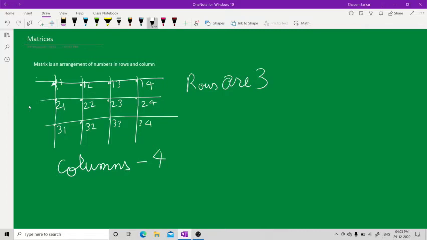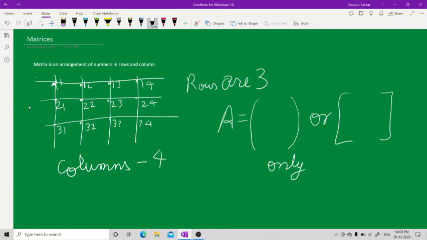So, how do you write a matrix? Like you write your name in capital letters, the matrix name has to start with a capital letter. You may use a round bracket or a square bracket only. No other form of brackets is permissible. Now, let us see how to write these elements in the form of a matrix.